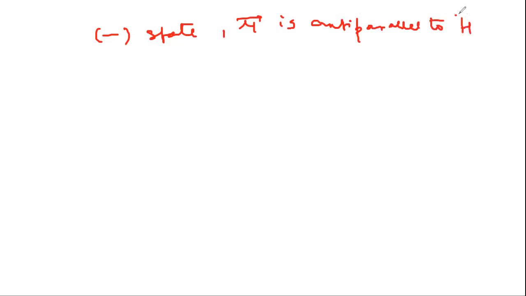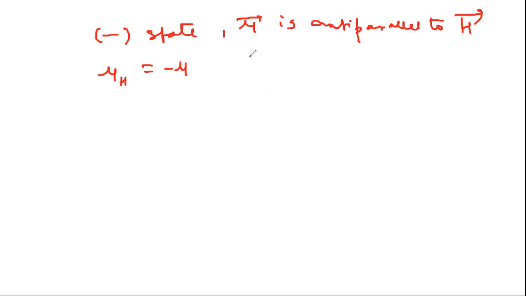Now in the minus state, mu is antiparallel to h, so that mu h, the magnetic moment in the direction of h, is minus mu, right?